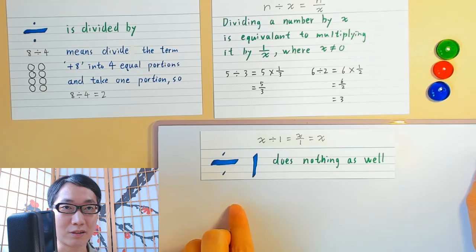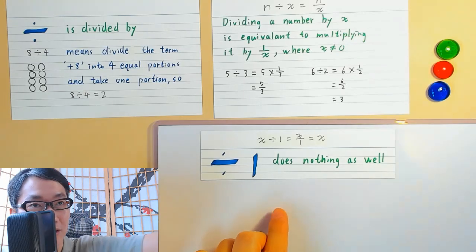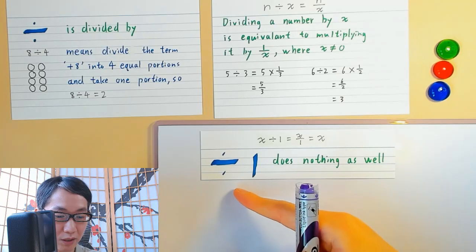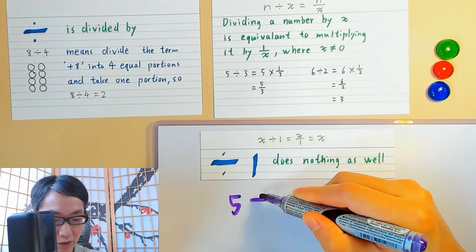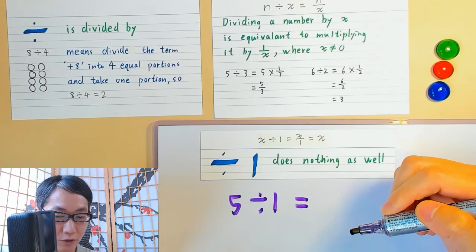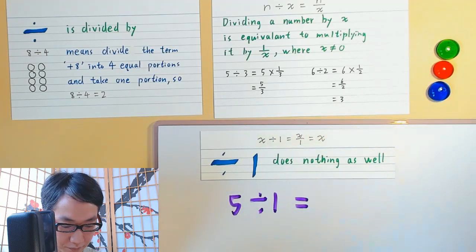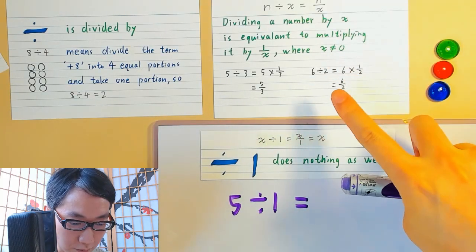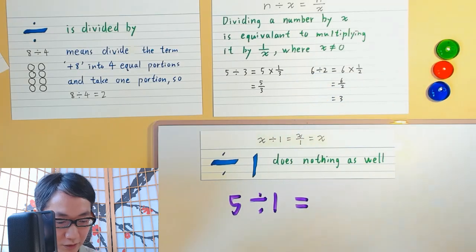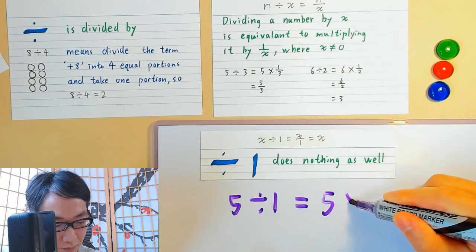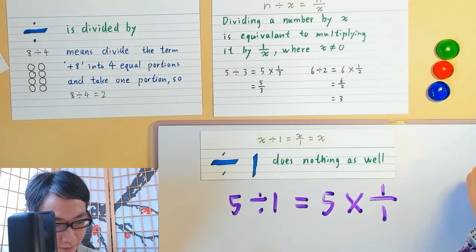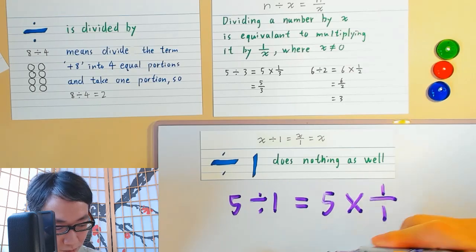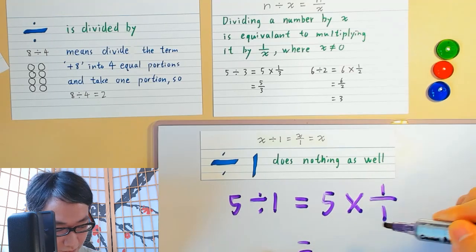It's the same thing as multiplying by 1, because if we turn this into multiplication, let's say I am doing 5 divided by 1, this equals 5 multiplied by 1 over 1.